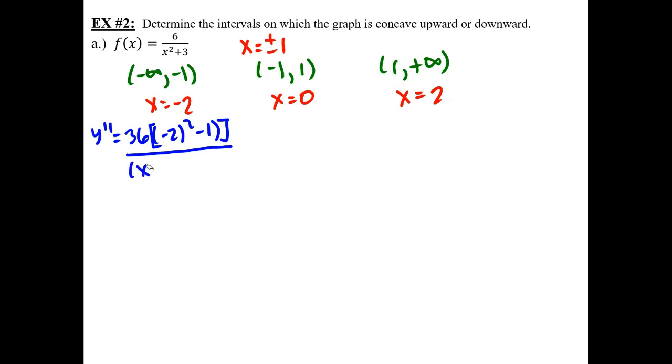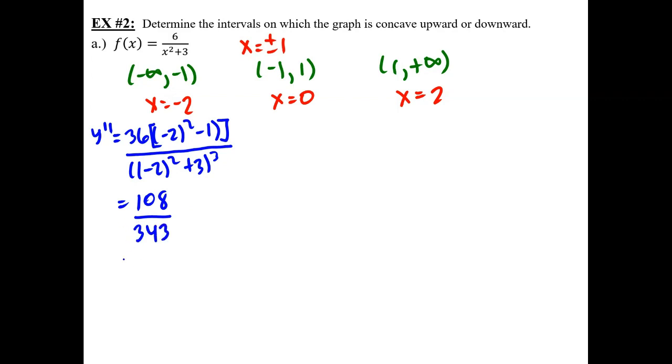negative 2 squared plus 3 cubed. Okay? So negative 2 times negative 2 is 4. 4 minus 1 is 3. 36 times 3 is 108. So 108 is our numerator over negative 2 squared is 4 plus 3, 7. 7 times 7 times 7 is 343.